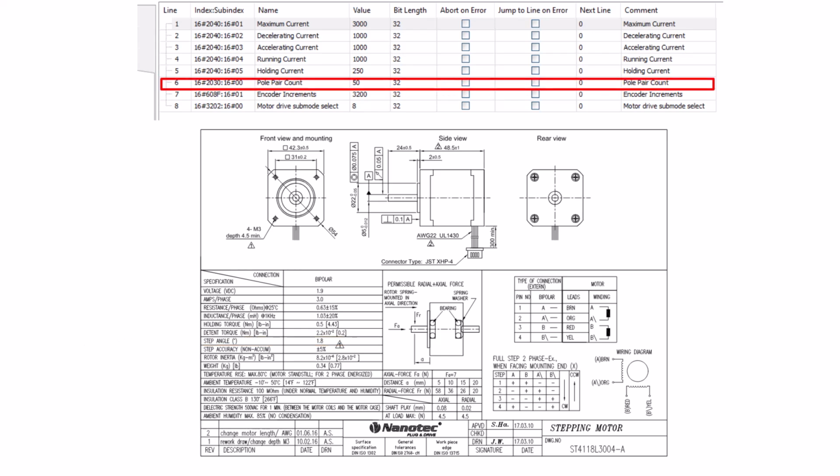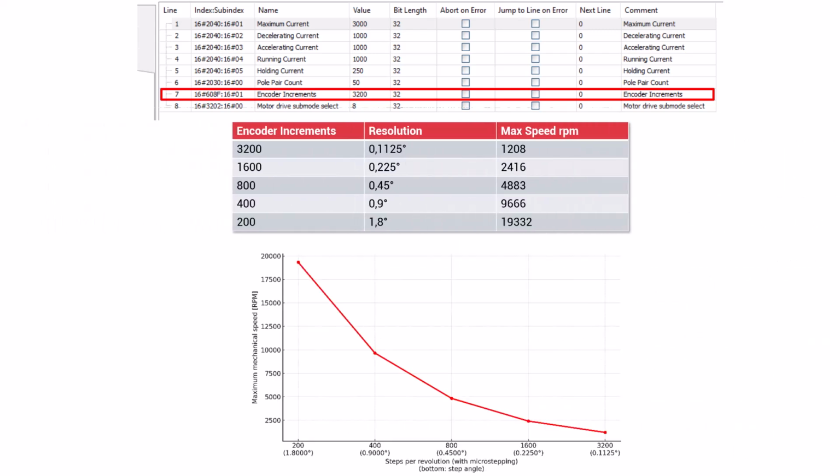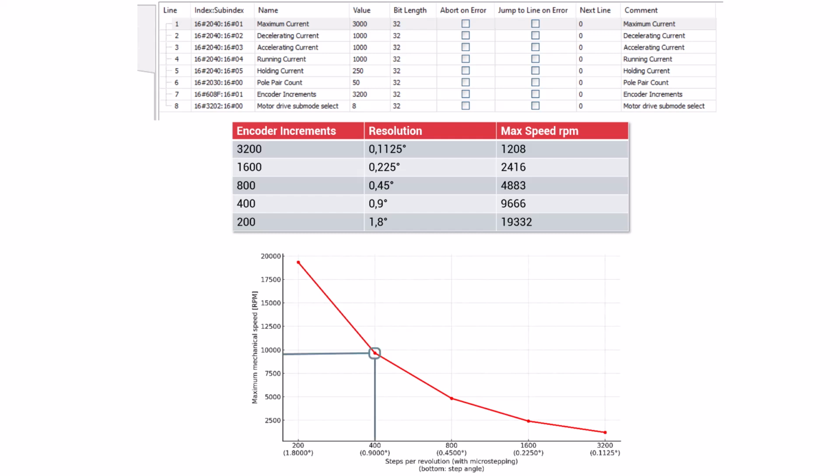Then there is the value for encoder increments. Of course, the module does not have a real encoder, but this object is used for compatibility reasons to set the microstepping of the motor. The table shows the possible values from full step, i.e., 200 steps per revolution, up to 16 times the resolution, which corresponds to 3,200 steps per revolution.